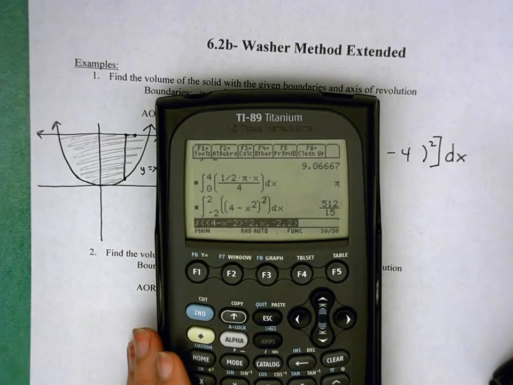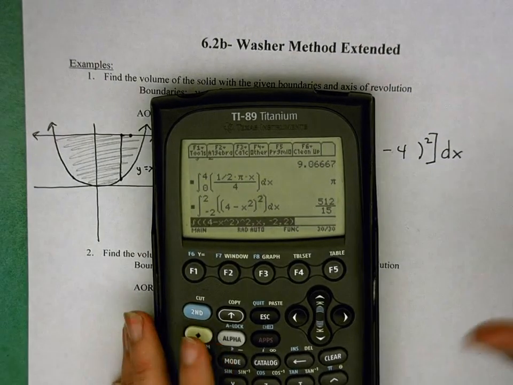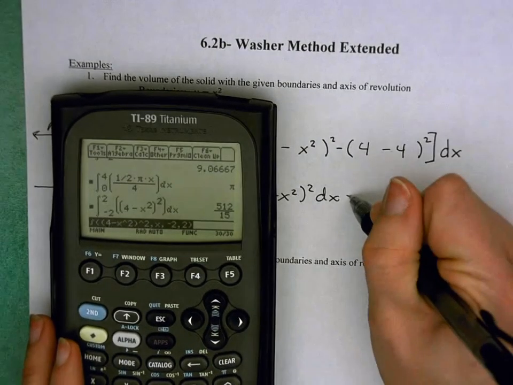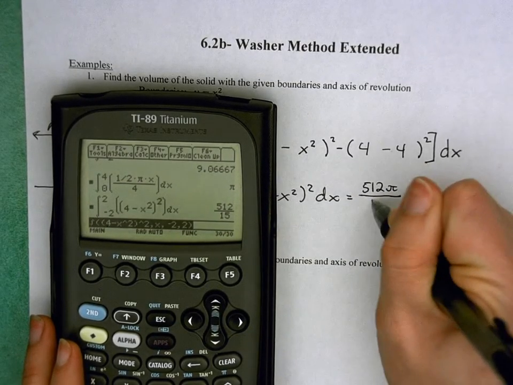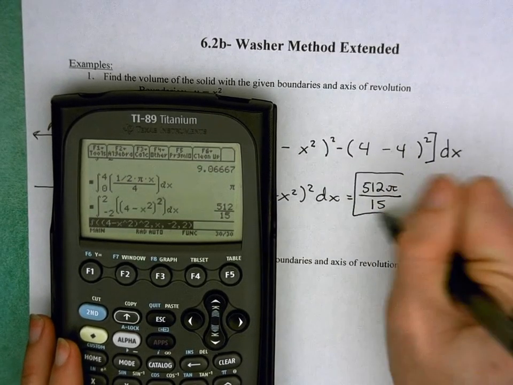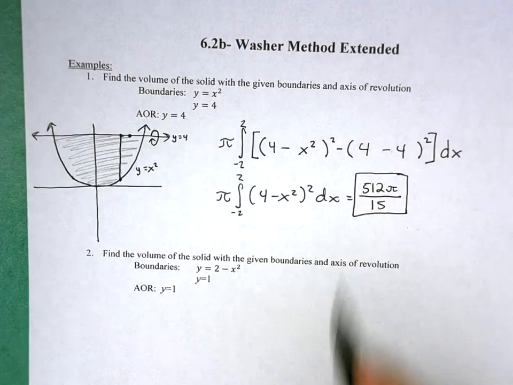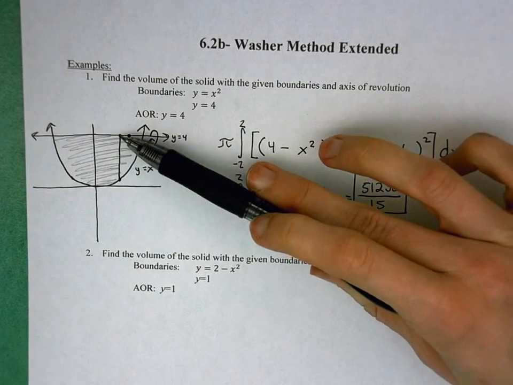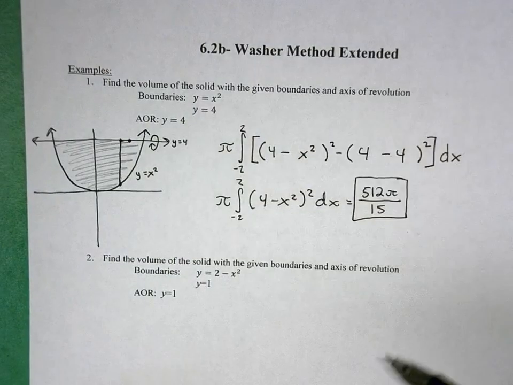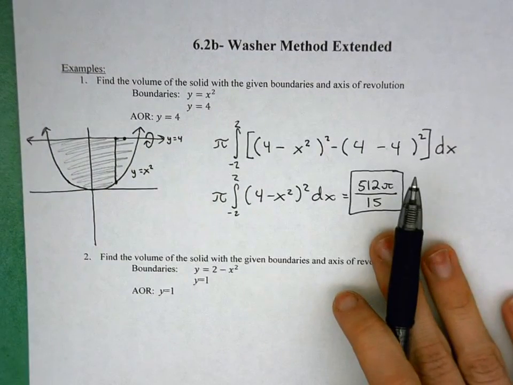You should get 512 pi over 15. So again, big R, little r always come from the axis of revolution, and it's always upper minus lower. All right, we're finding the distance between those two graphs.